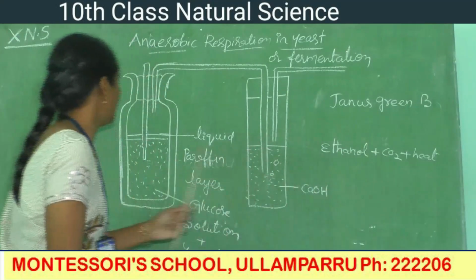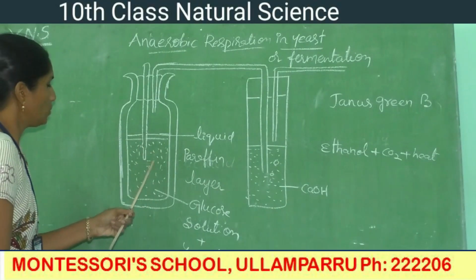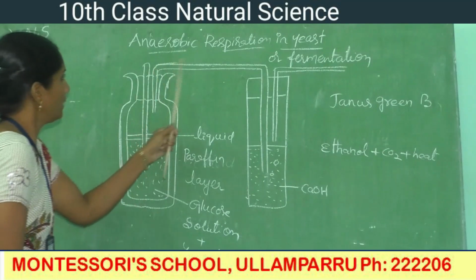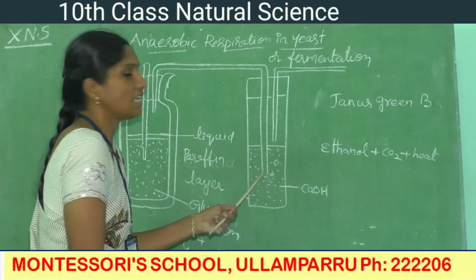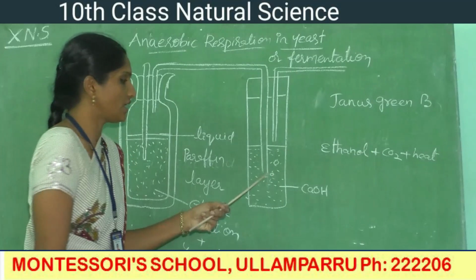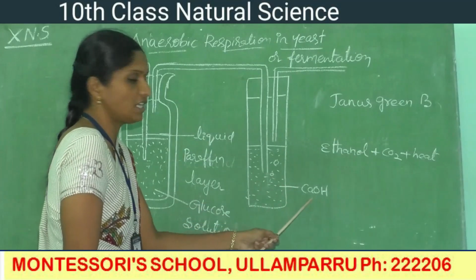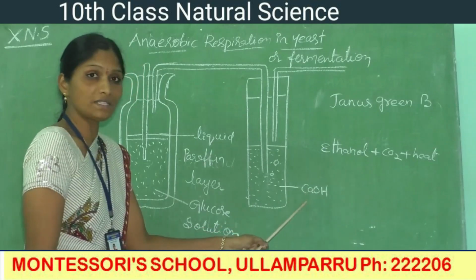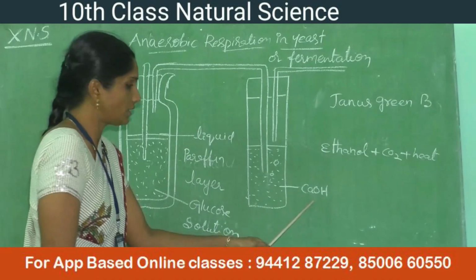CO2 is released from the glucose solution and escapes through the bent tube into the Ca(OH)2, the lime water. What are the properties of lime water?